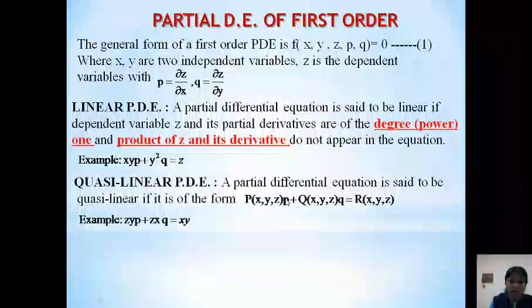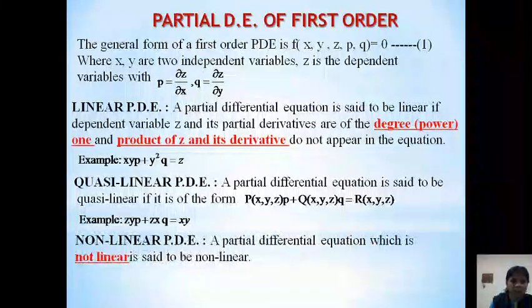But here you will also find the product of p and q with the dependent variable. That's why it is called a quasi-linear partial differential equation. In the example, we find the degree of p and q is 1 as well as z is also 1, but we find a product of the dependent variable with a derivative. Hence it is a quasi-linear partial differential equation.